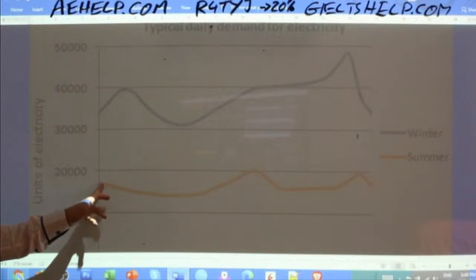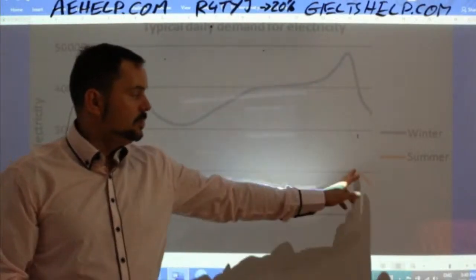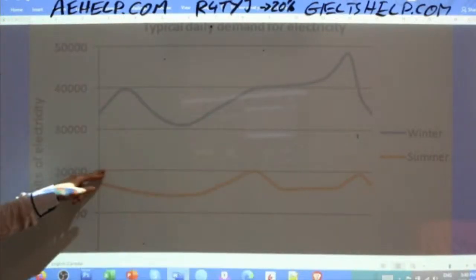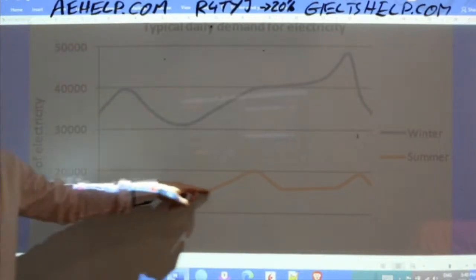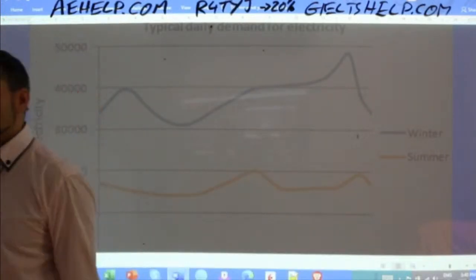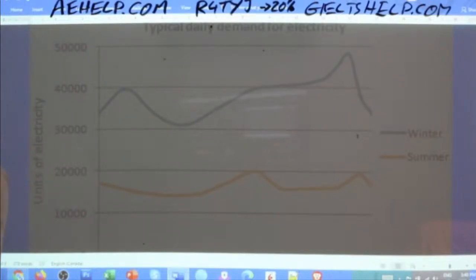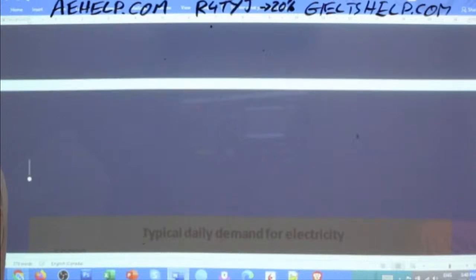Remember this is 0 o'clock, 15 o'clock, 24 o'clock, 20,000 units, and roughly in the middle here it's about 15,000 units. Okay? So this is your main body paragraph, and it's your analyses for plural.